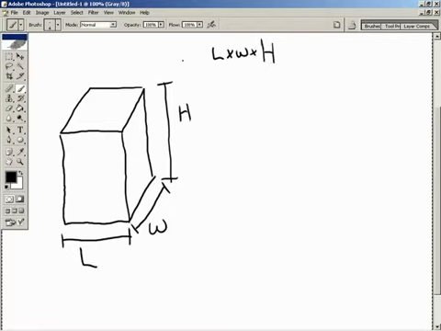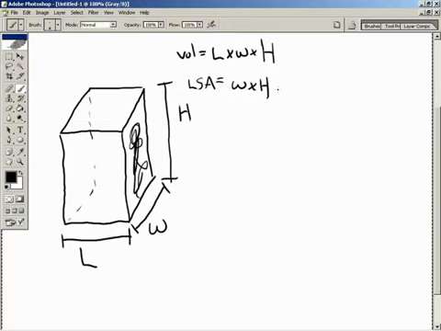So that's the volume, Vol. Meanwhile, the lateral surface area is the surface area of all the sides. Well, that would be lateral surface area, LSA, equals width times height for this face, and for the face opposite it, which would be back here somewhere, it's also width times height.